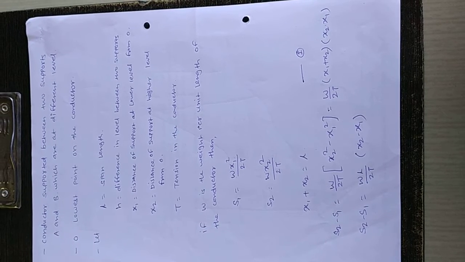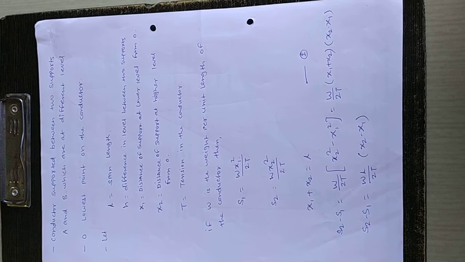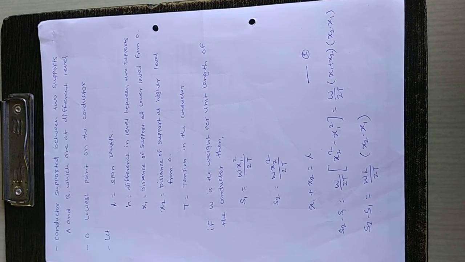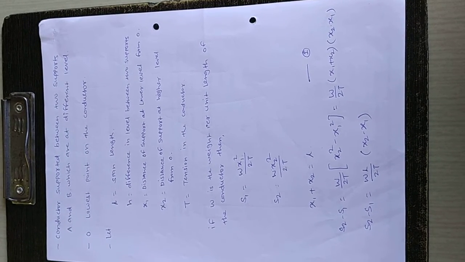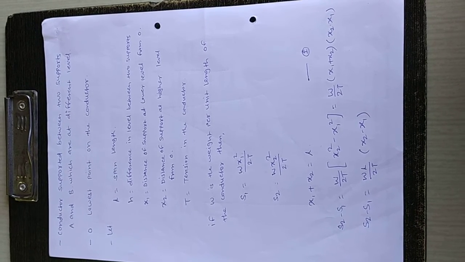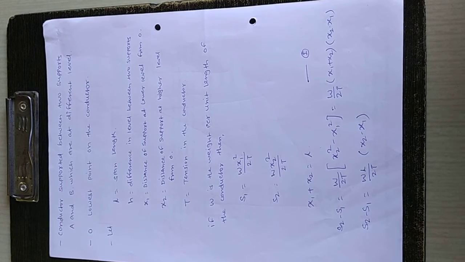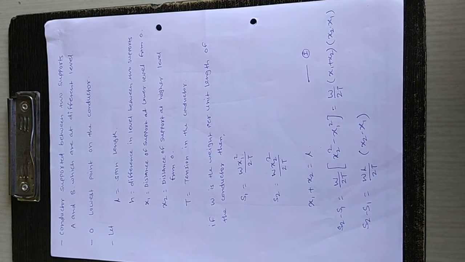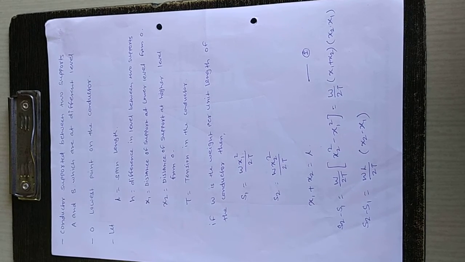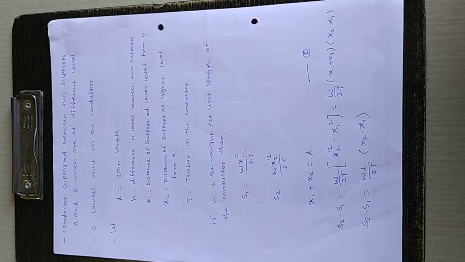If W is the weight per unit length of conductor, then sag S1 is equal to Wx1 square divided by 2T, and S2 is Wx2 square divided by 2T, and x1 plus x2 is equal to L. Then S2 minus S1 is equal to W divided by 2T bracket of x2 square minus x1 square.